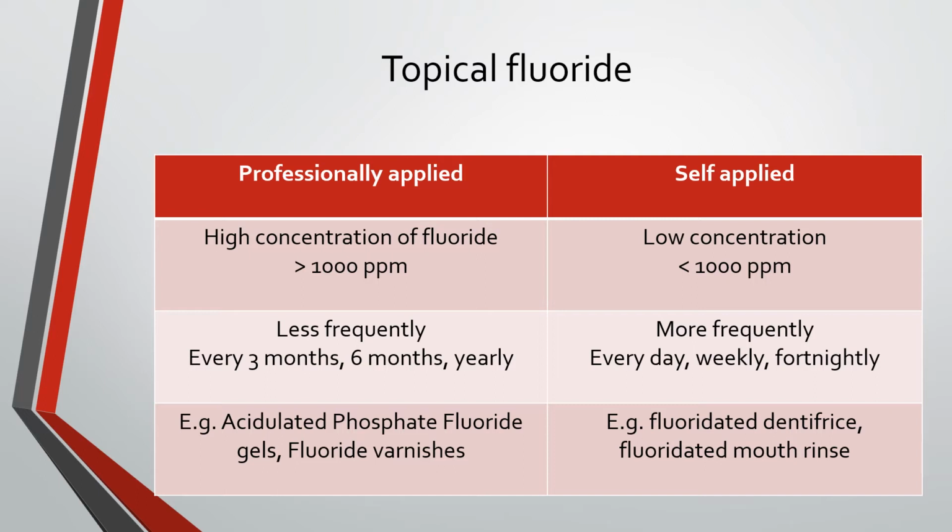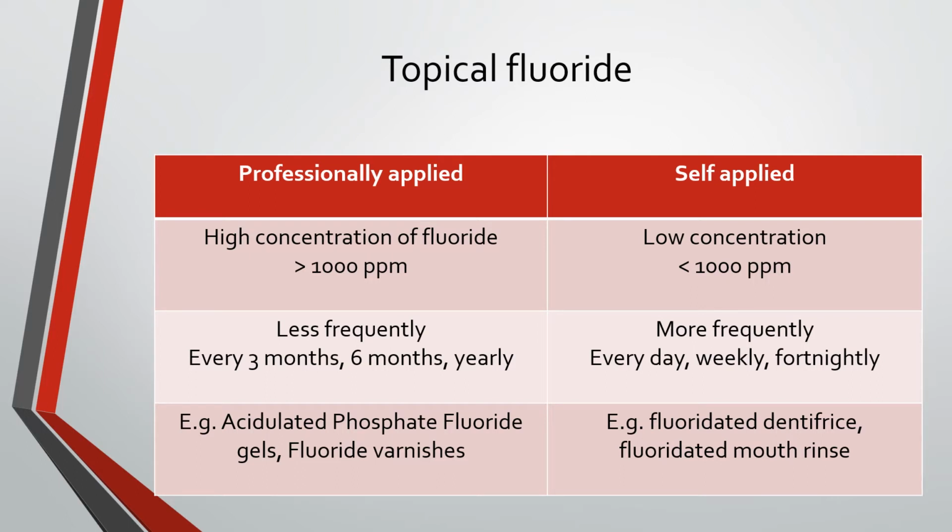And because it is so highly concentrated and the patient has to come to the dentist, it is applied every 3 months, 6 months, or on a yearly basis, so maybe it's less frequent. Examples are acidulated phosphate fluoride gels and fluoride varnishes.